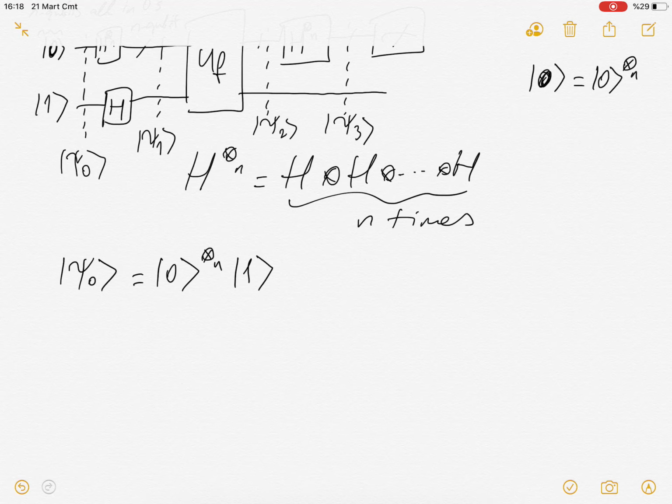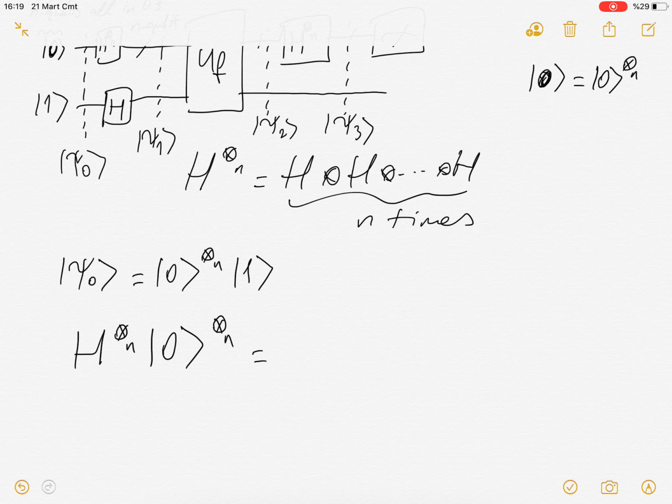But what about applying an n-qubit Hadamard transform on an n-qubit register with all zeros? As you might expect, it's going to produce the set of all strings of n-bit length with equal amplitudes of 1 over square root 2 to the power n.